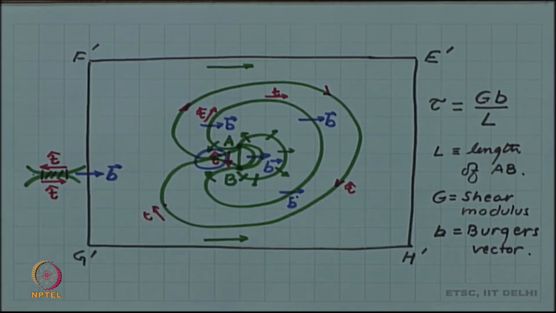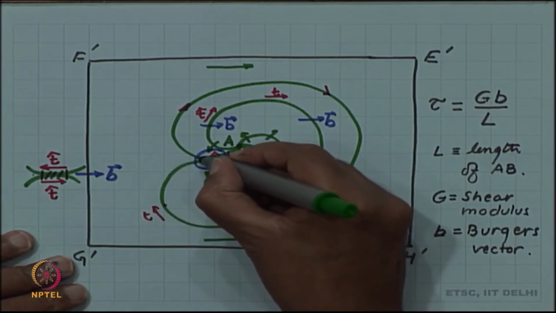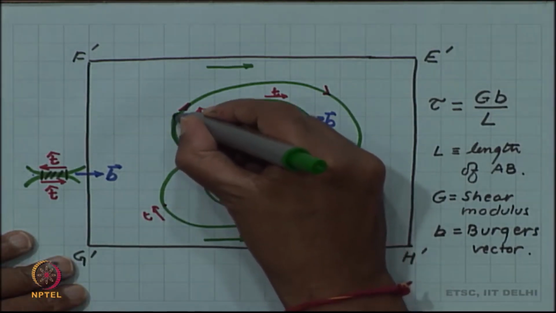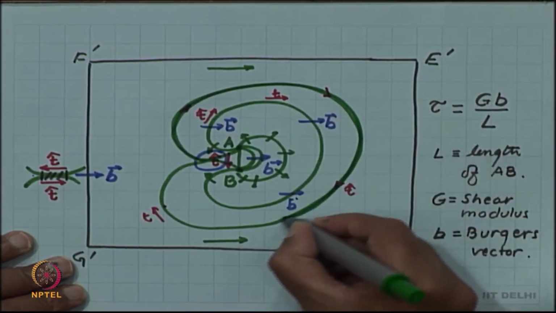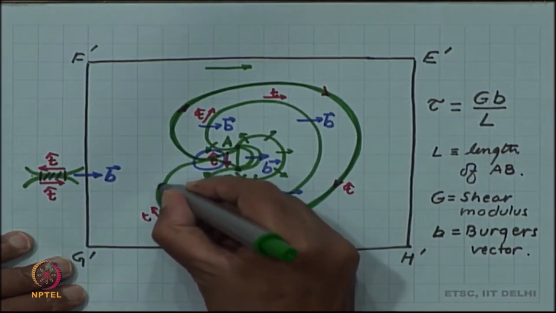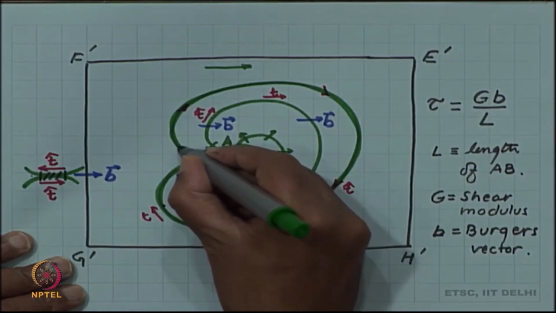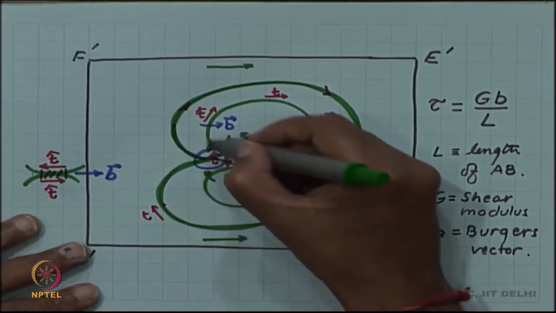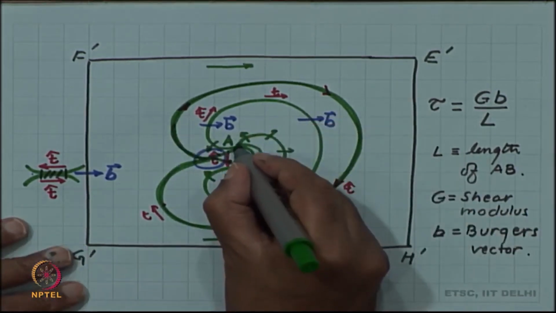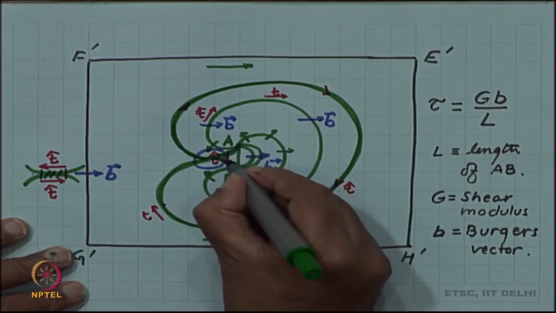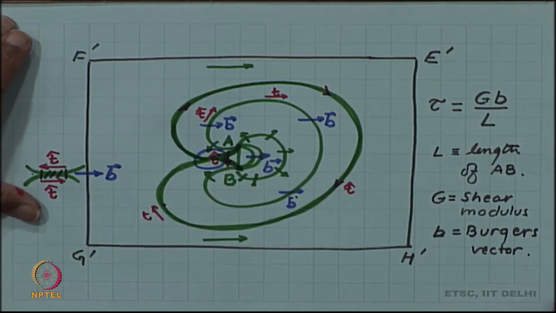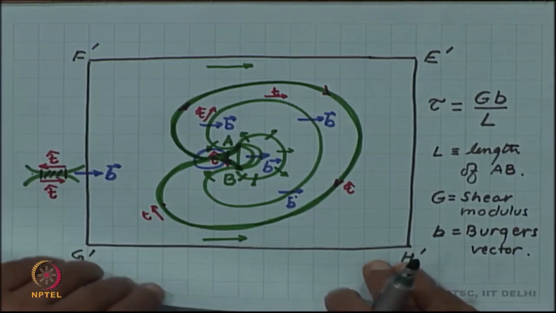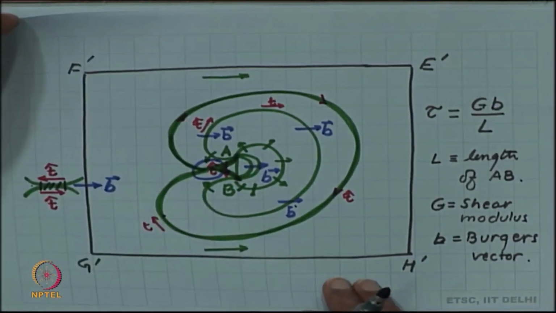So, what will happen then is that the dislocation line will break into two segments, one of them will be a loop, this heart shaped or kidney shaped loop, and the other will be a smaller segment like this. So, let me redraw that for clarity.